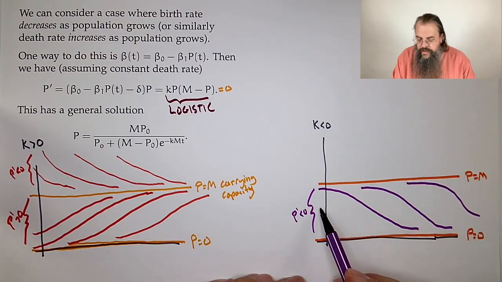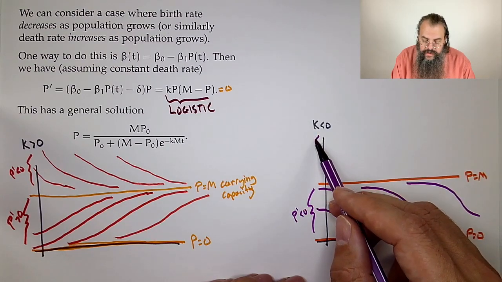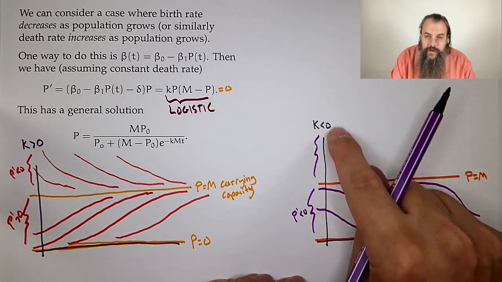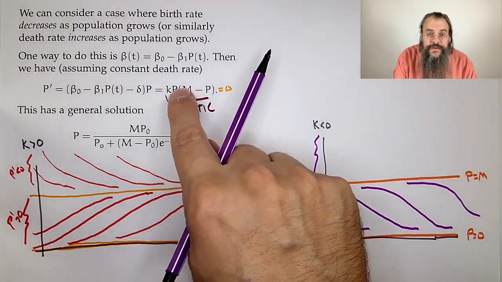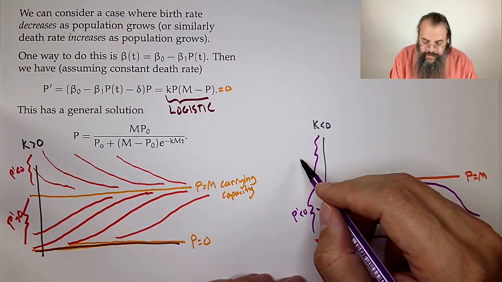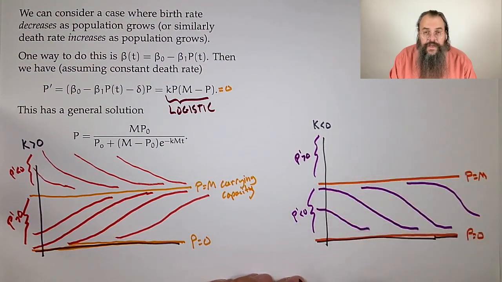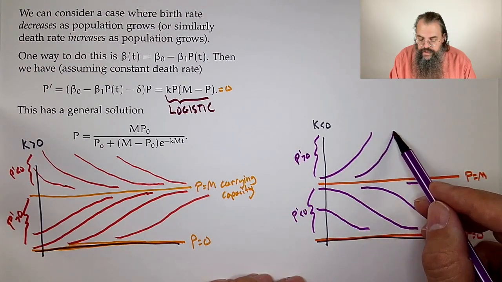So we're going to be doing something like that. And you say, okay, what happens above M? Well, okay, negative, positive, negative. Their signs combine to say that P prime in this range will be positive. And so we're actually going to be moving up.